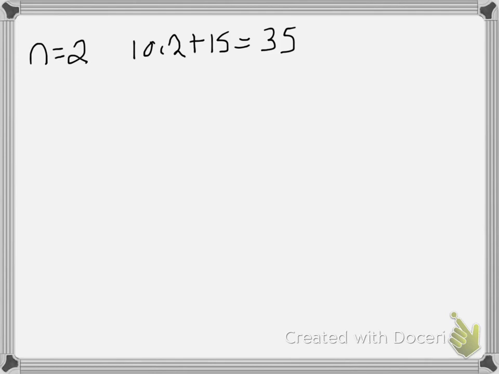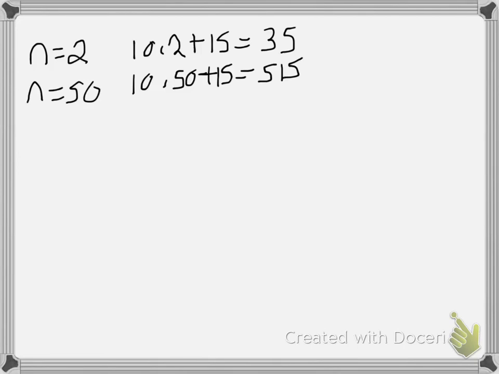And then when n equals 50, we're going to have 10 times 50 plus 15, and that's going to give us 515. Okay? That's the first term and the last term. Now, how many terms is that?